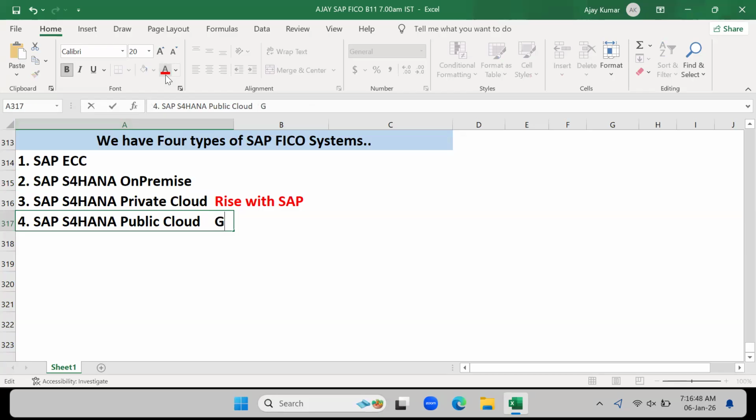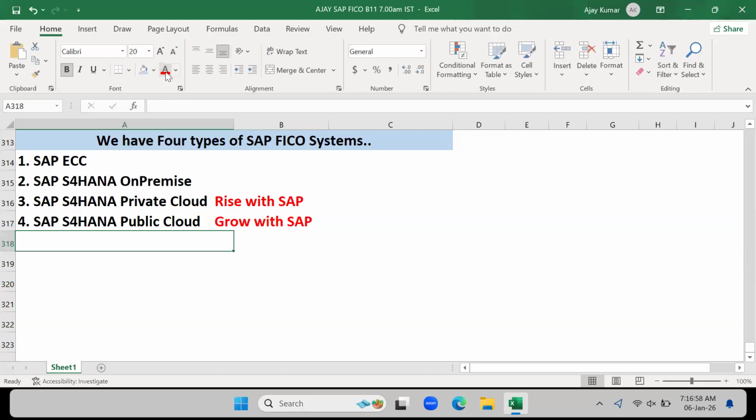Anybody heard it or not? These names, did any of you come across them any time, or are you looking at them for the first time? First time. Okay. Now you have in the S4 HANA system, private cloud and public cloud editions.